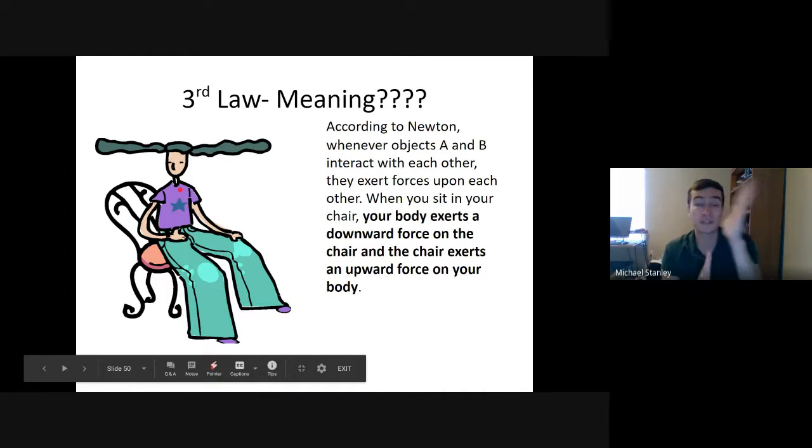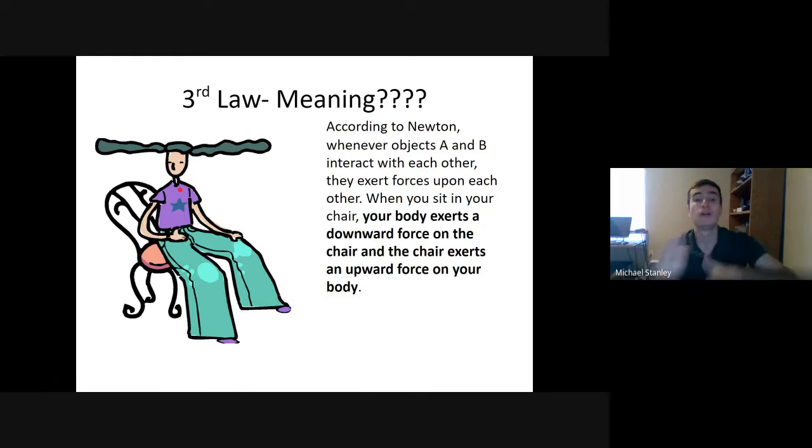So there are these opposite forces interacting when you're sitting down on something, or when there's a book or a mouse or a phone laying on a table. The downward force of gravity on the object is being matched by the upward force of the surface that object is sitting on.